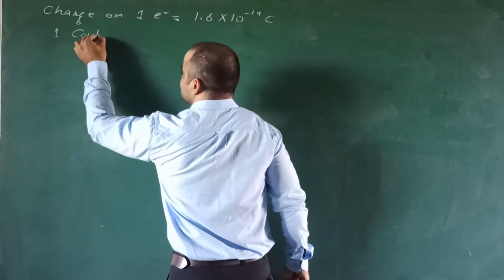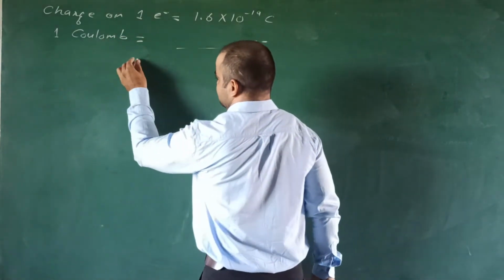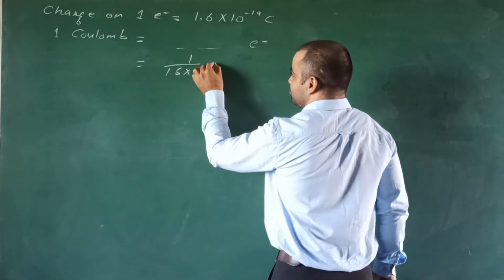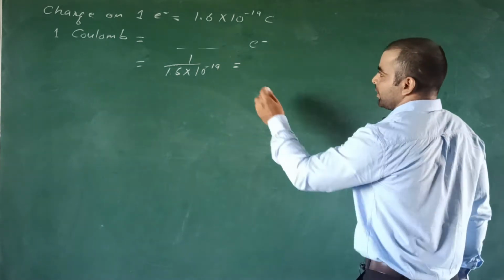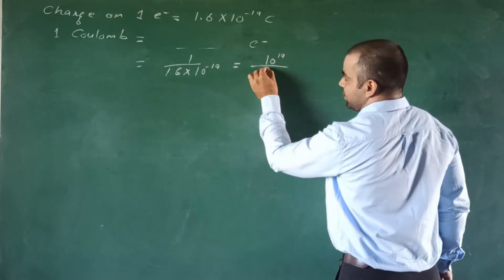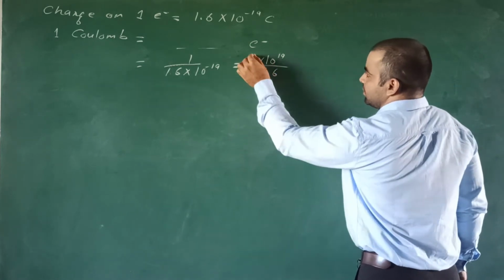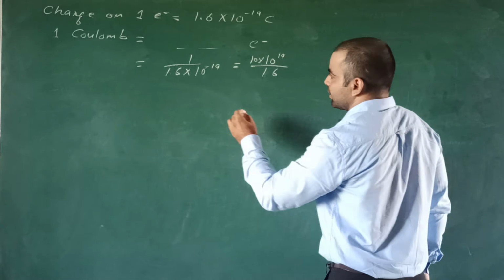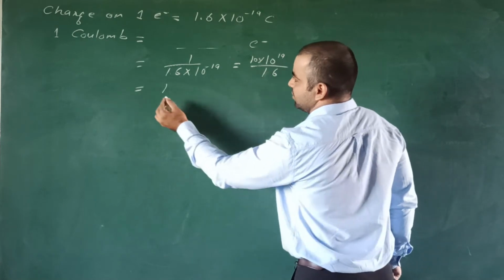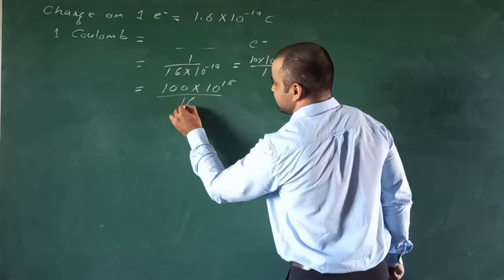1 coulomb equals how many electrons? Find out. 1 divided by 1.6 into 10 raised to power minus 19. Solve it. It becomes 10 raised to power 19 divided by 1.6, which is 100 into 10 raised to power 18 divided by 16.